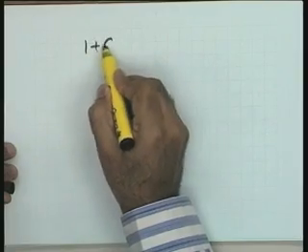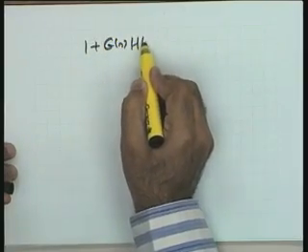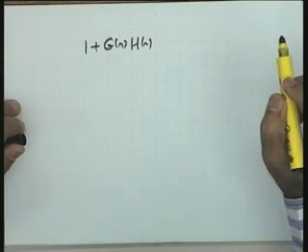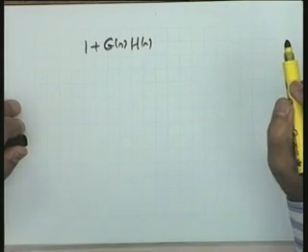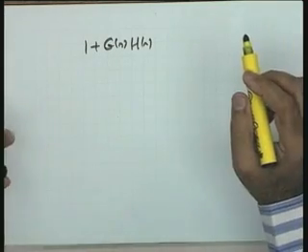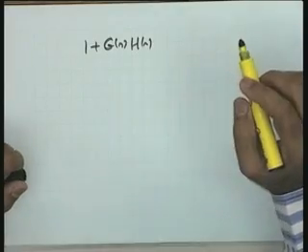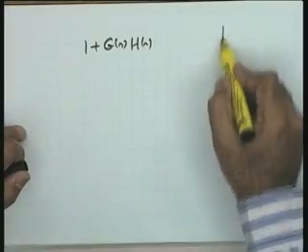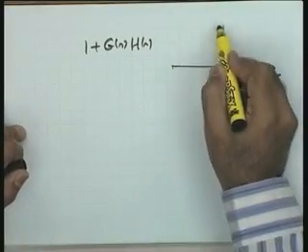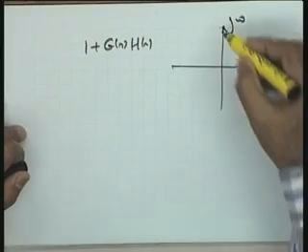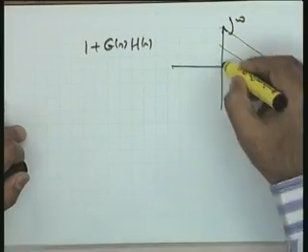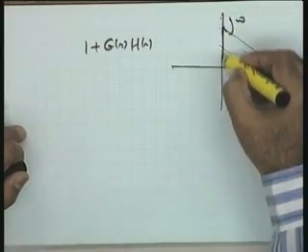The denominator of this function is 1 + G(s)H(s). If I say, see my statement please, if I say that there is no pole in the right half of the s plane, say this is the s plane, sigma and j omega, this is the region I am considering, including the imaginary axis.